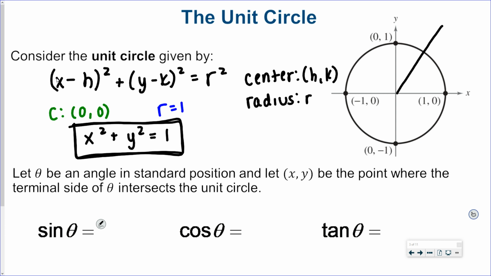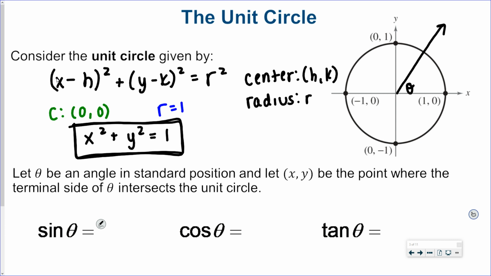This angle is between 0 and pi over 2, or between 0 and 90 degrees. Call this central angle theta. We're not going to define it exactly. This just helps you see where sine, cosine, and tangent tie in.